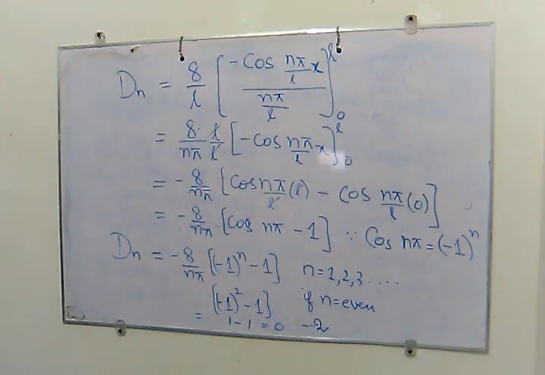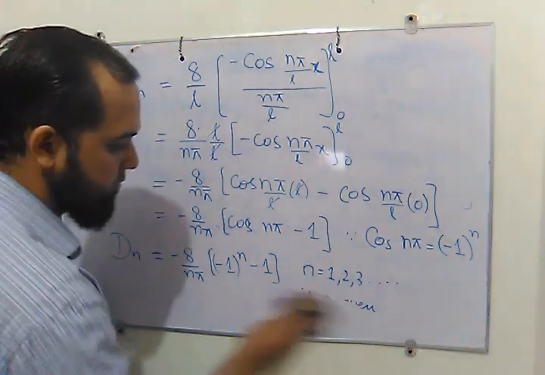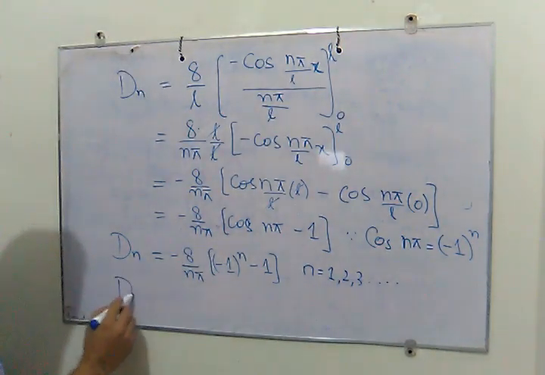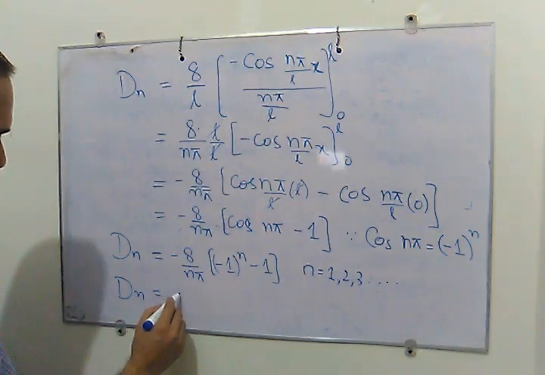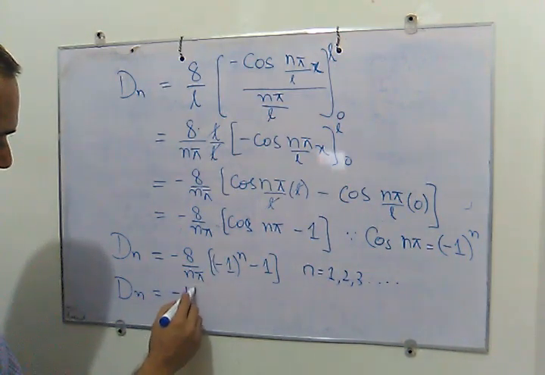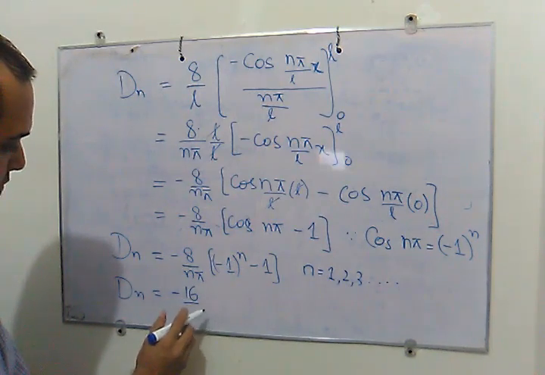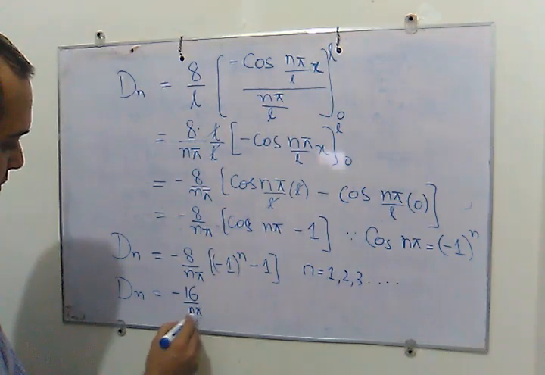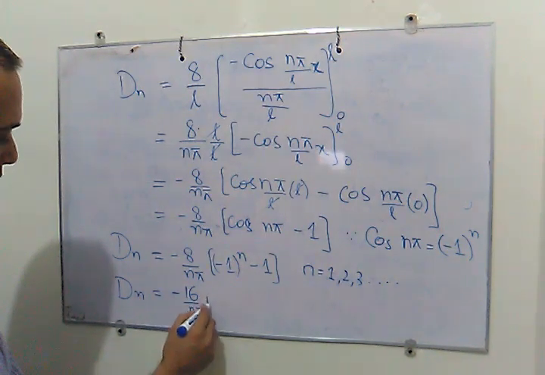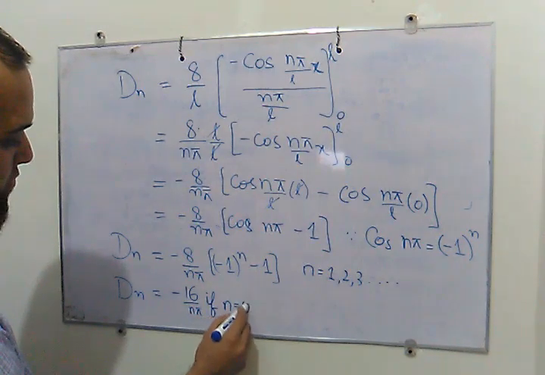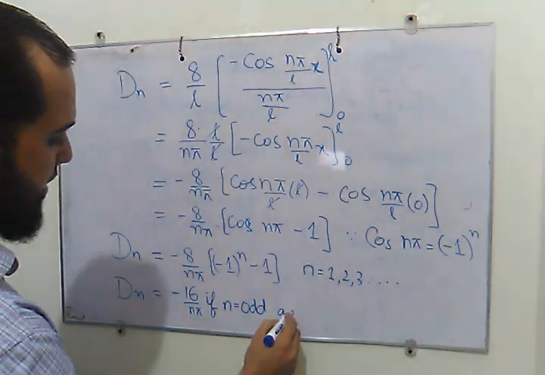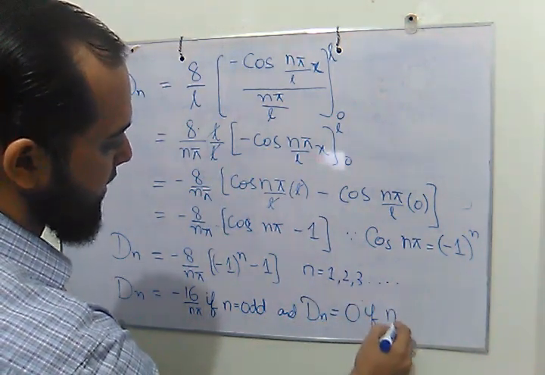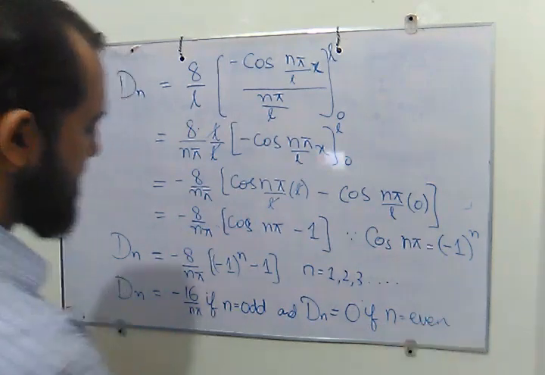We can write this result as dn is equal to minus 16 by n pi if n is equal to odd number, and dn is equal to 0 if n is equal to even number.